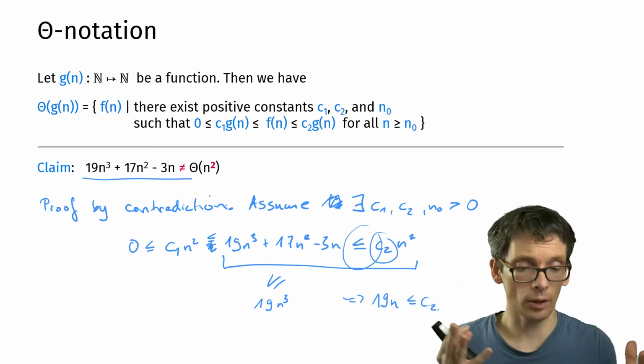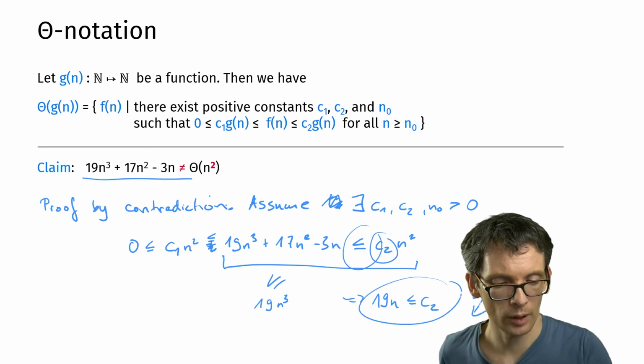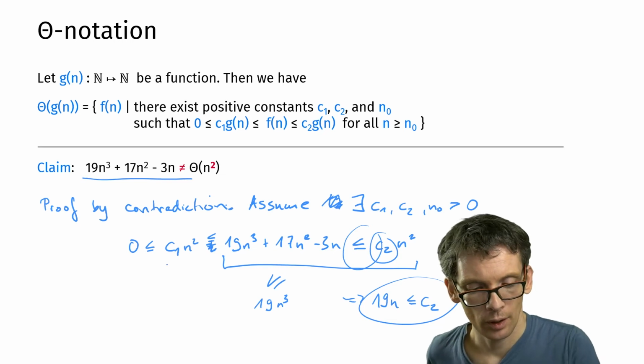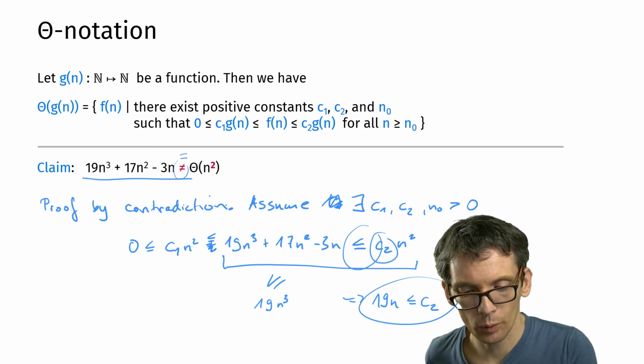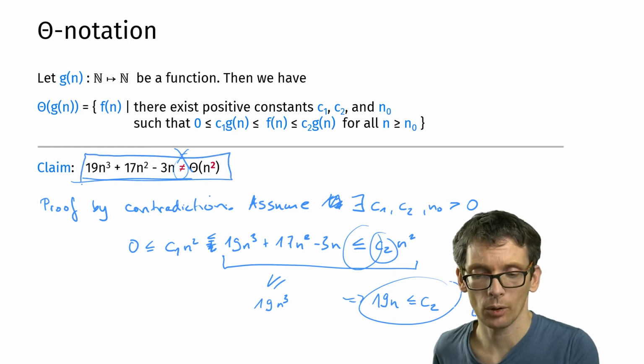But C2 is a constant while n goes to infinity, so this is not possible. So the statement that this is true cannot be the case, so this claim actually holds.